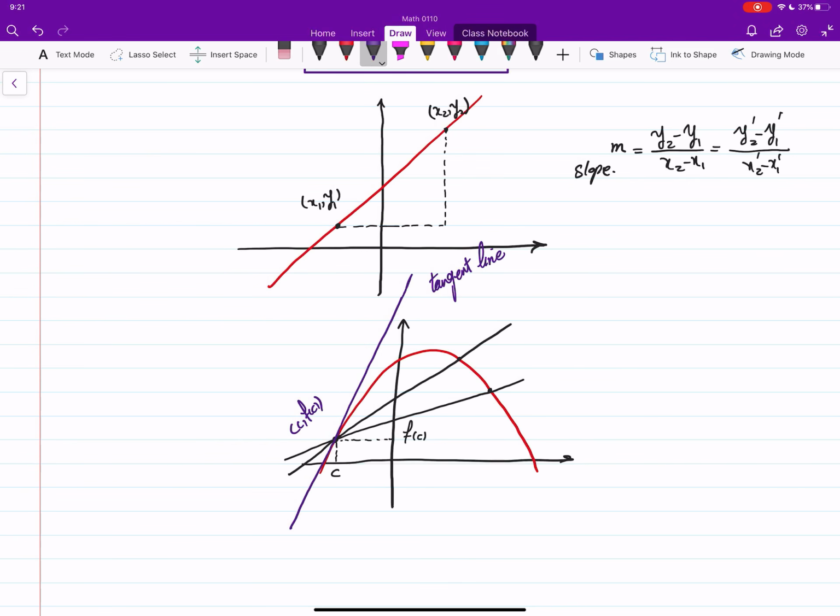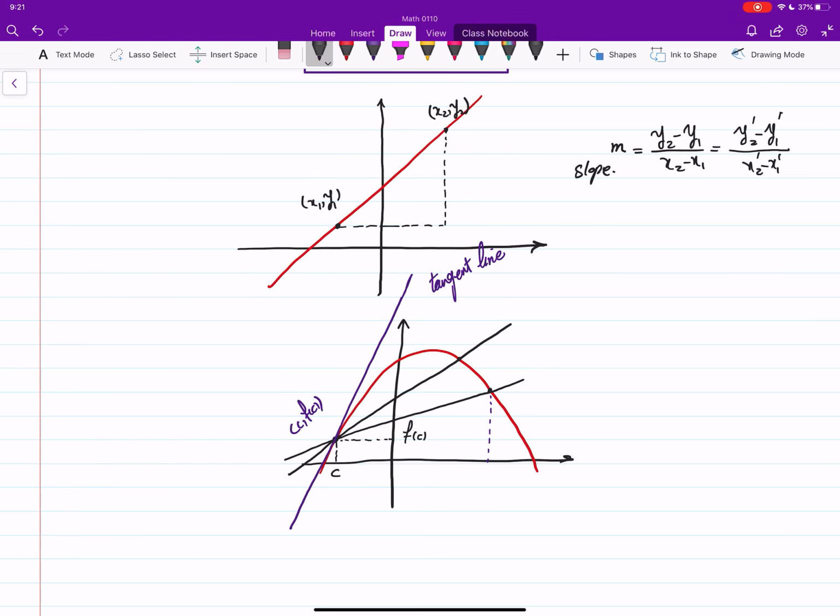Somehow find a way to find the slope of the tangent line and define that to be the slope of the graph at that point. Well, okay, here is what people were able to do to get this thing rolling. They say, okay, let's start with any point here.